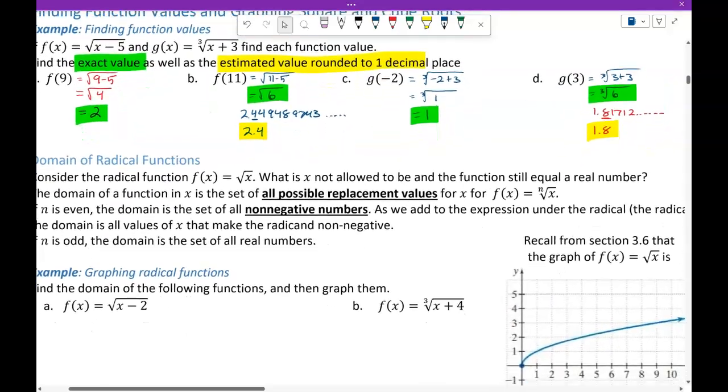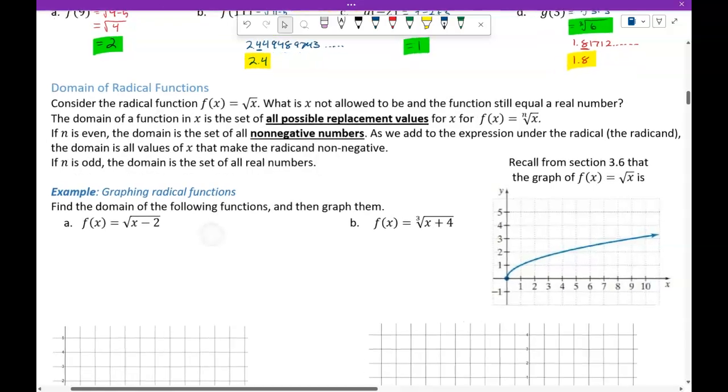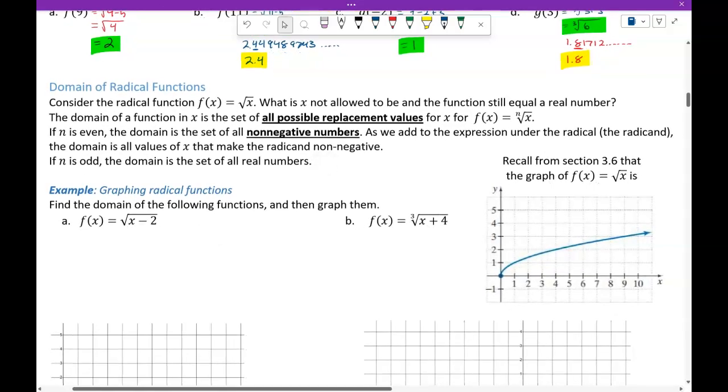Now let's look at domain. We're going to ask ourselves a question. So we're going to consider the radical function f of x equals the square root of x. And we want to think about what x is not allowed to be, and the function still equal a real number. With radical expressions with a variable, our radicand cannot be less than 0.